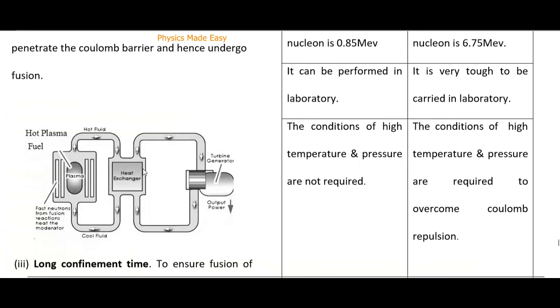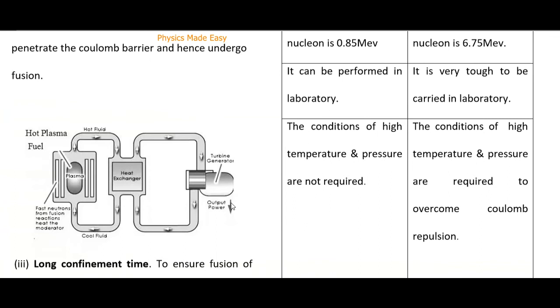Hot fluid comes here, heat is exchanged here, and now steam goes in this part. Here, steam pushes the turbines. And after pushing the turbines, it rotates the coil, which is put between very heavy magnets, and electricity is produced. So, we have a broad model of a nuclear fusion reactor.